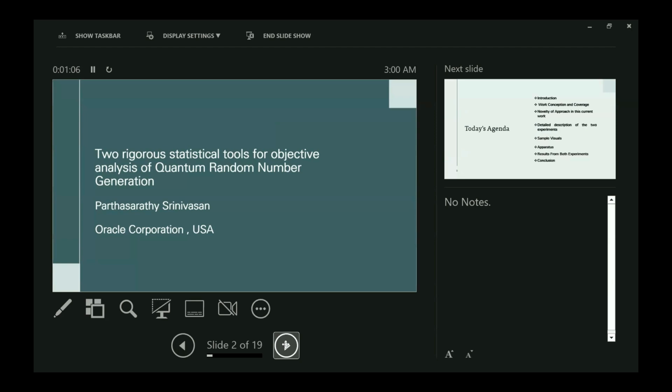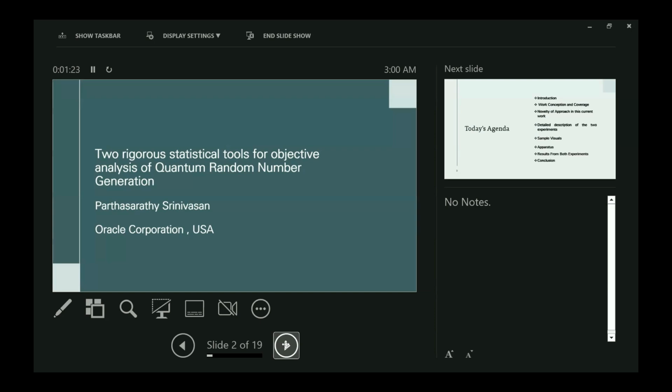What we mean by quantum random number generation is having a quantum machine, although in this study we didn't use a quantum machine, but a quantum simulator running on a classical Turing machine for the quantum aspects of the experiment.